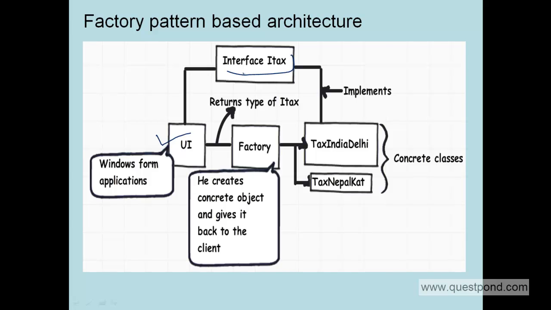Now, this interface project is nothing but a simple .NET interface which helps you to communicate with the concrete classes, or with the actual implementation, and the actual implementation is a different project altogether. And then the fourth project is a factory project which creates the objects of these concrete classes and gives them back to the UI, and the UI talks via the interface.